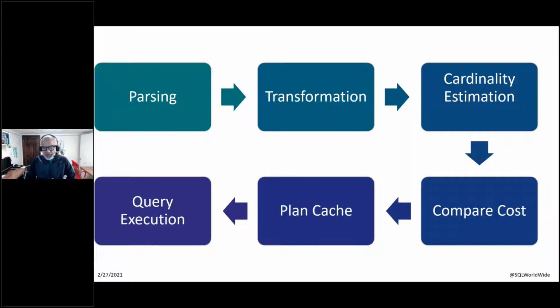It looks at different variations of the tree, and looking at the estimated number of rows for each operator, it gets a cost. All those costs get added, and based on the total cost, it looks at which one has the minimum cost, and that one gets selected to get executed. Before that, there's a compare cost step, and the one that gets selected gets put into the cache.